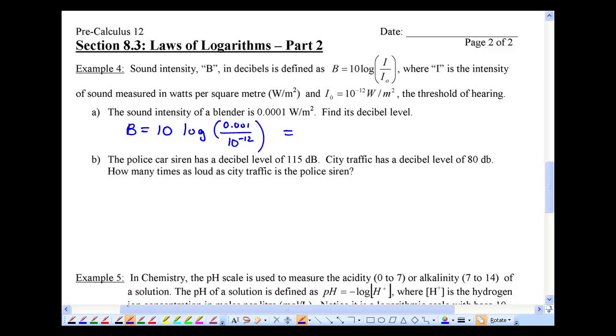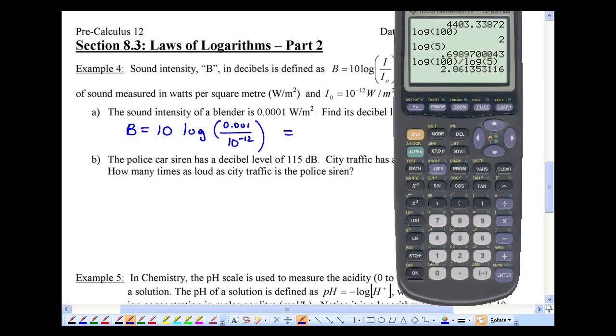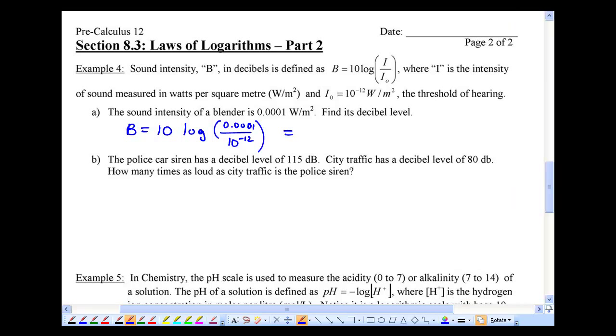Well, we can just go ahead and quickly punch this into your calculator and find out what it is. So watch. 10 times log 0.0001.